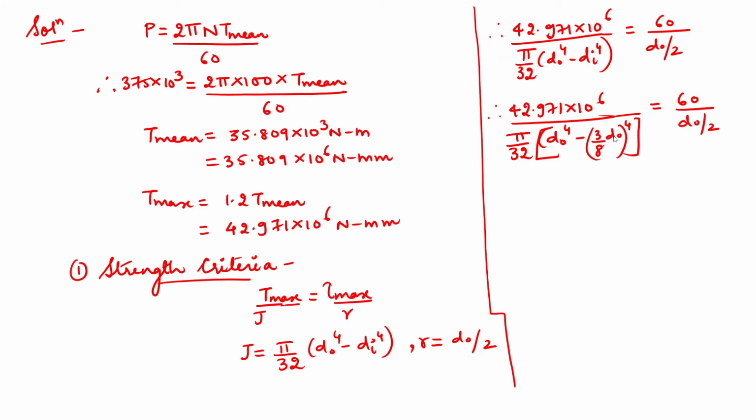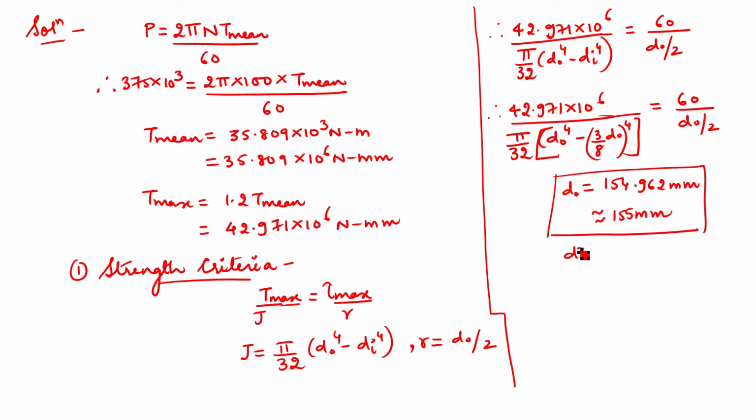The whole equation is in terms of DO now. When I solve this, I get the value of DO as 154.962 mm. This you can approximate to 155 mm. So this is one answer that I obtained.